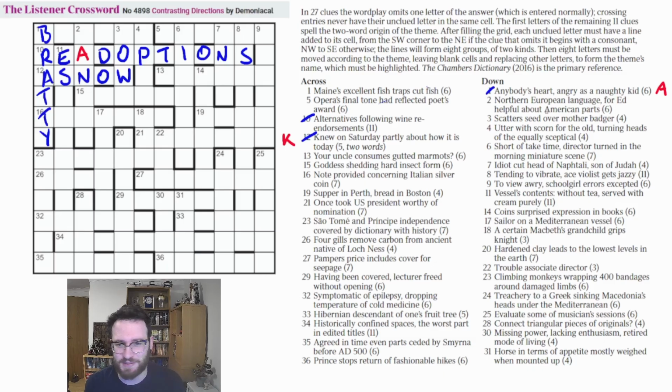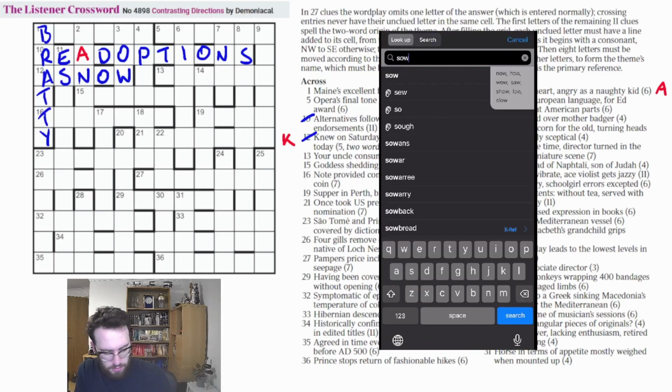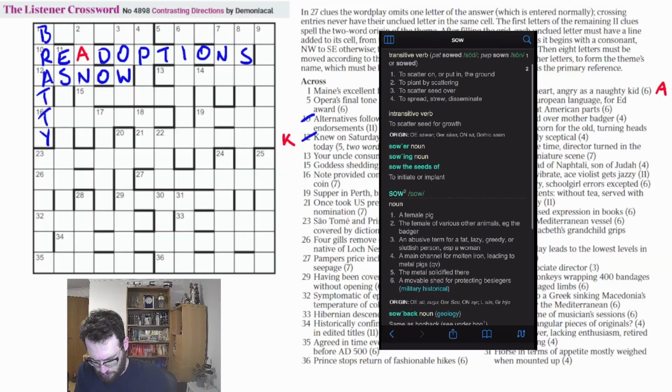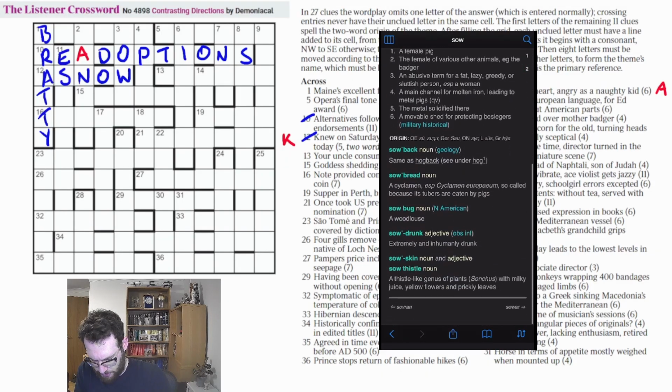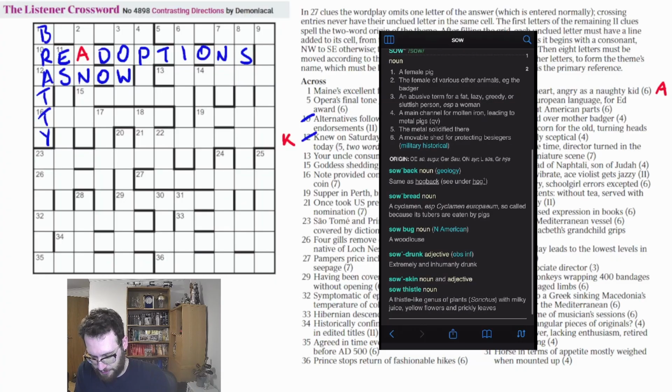I'm just going to look at 3 instead. "Scatters seed over mother badger." Scatters seed could be sows. Over can be O or something backwards, but sows does fit in this direction. Mother badger. I mean, can a female badger be a sow? There we go, female of various other animals, e.g. the badger.